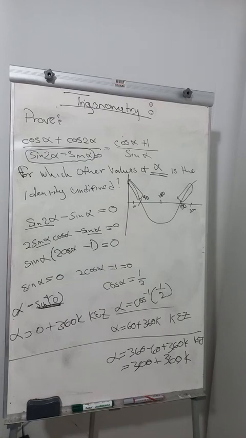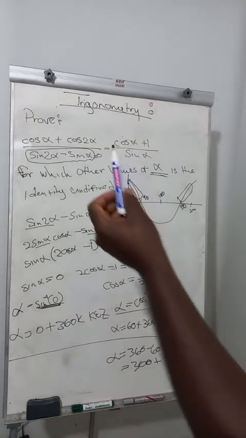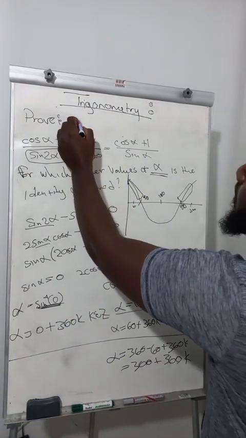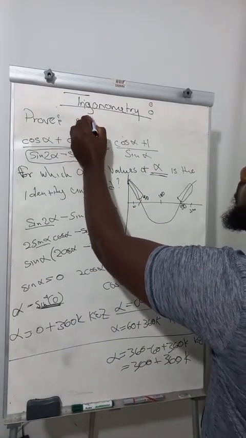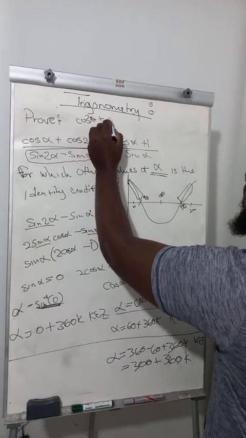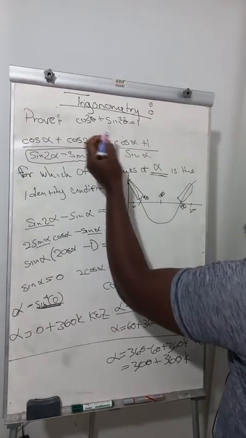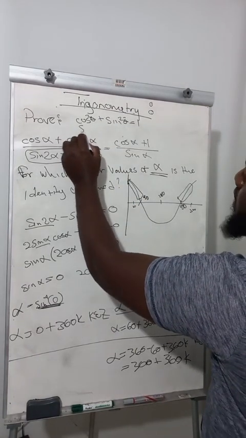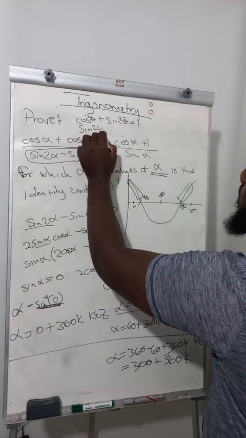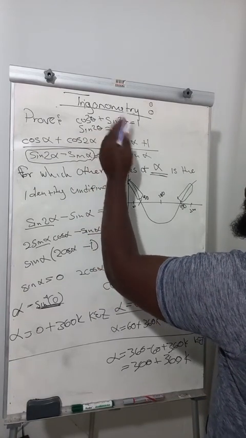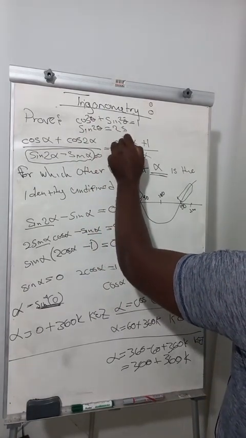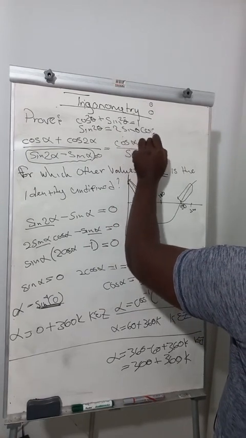Okay, there you need to understand your compound angles, not double angles. In most cases, you need to know such things like cos squared theta plus sine squared theta is equal to 1. You need to understand that sine 2 theta is equal to 2 sine theta cos theta.